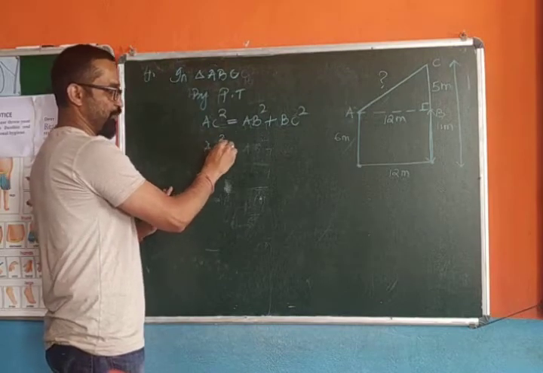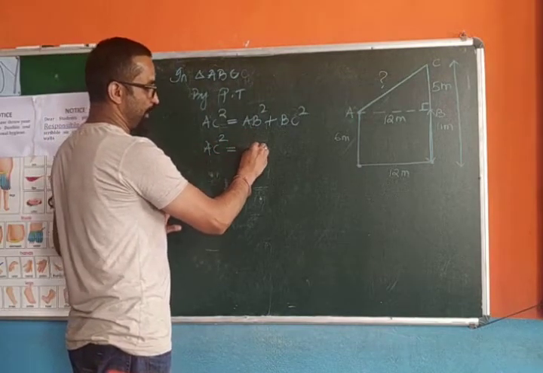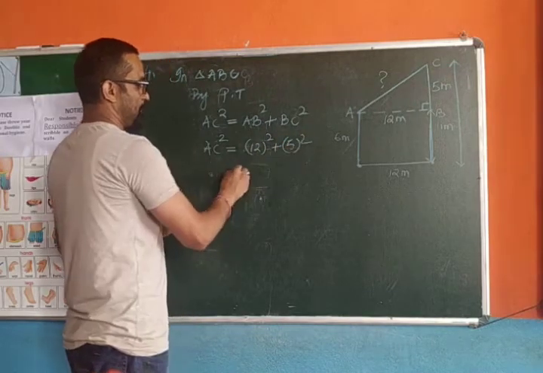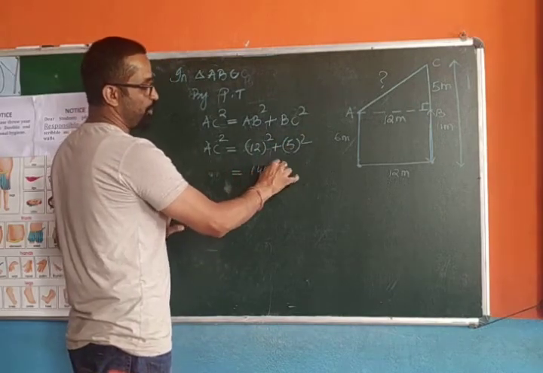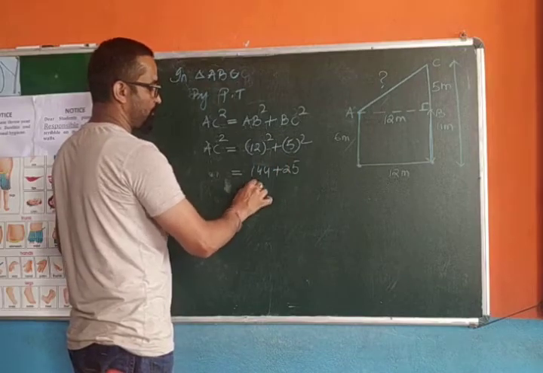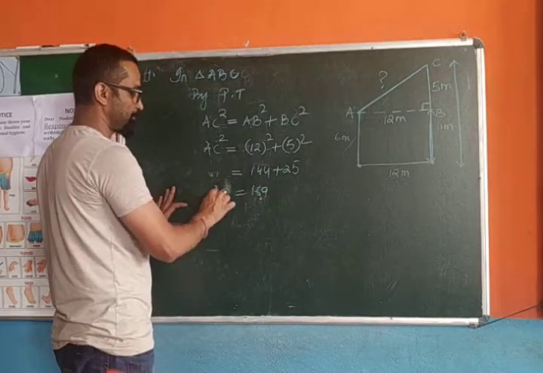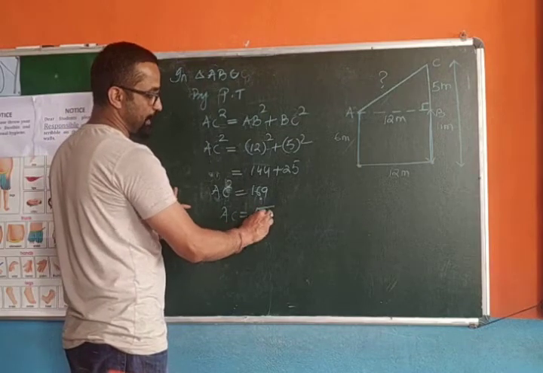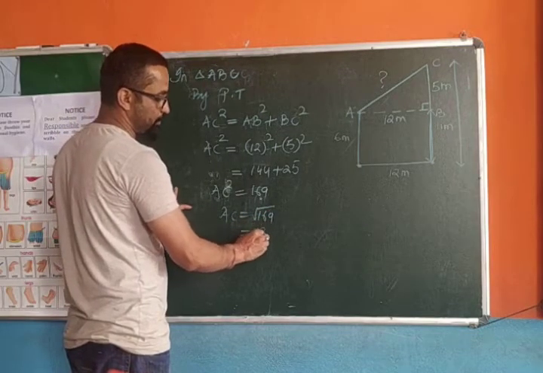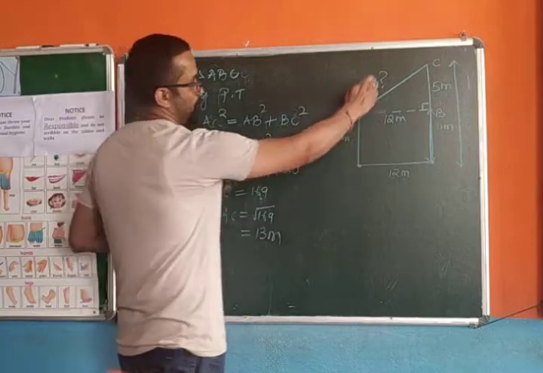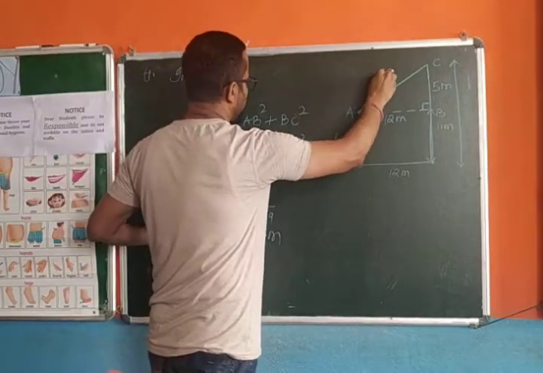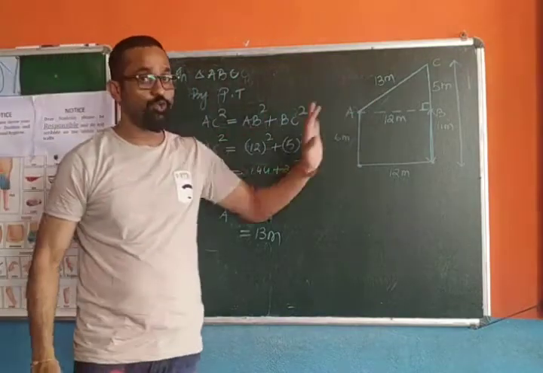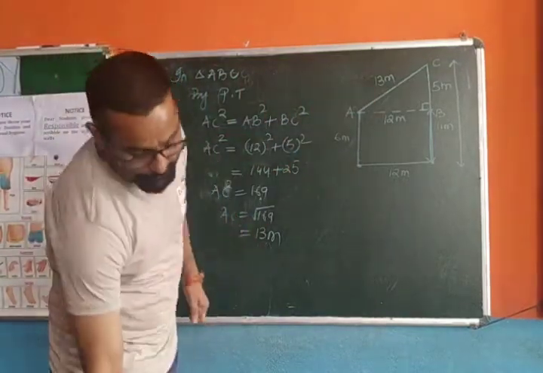AC is the hypotenuse, not known, AB is 12 squared, BC is 5 squared, which is equal to 144 plus 25, you get 169. AC is equal to root 169, the square root of 169 is 13 meter. The distance between their tops is 13 meter. You have to use a right angle triangle.